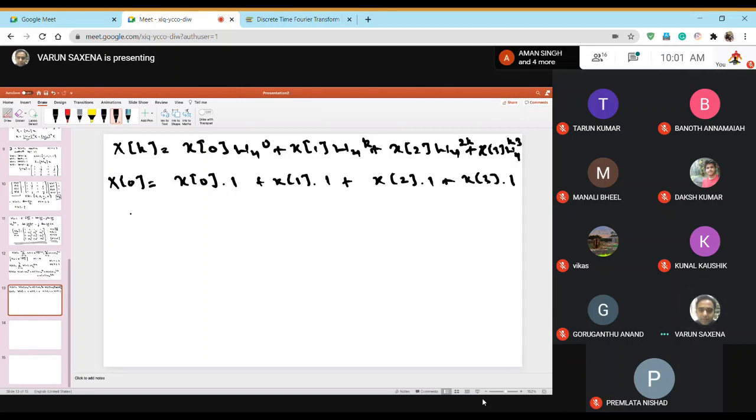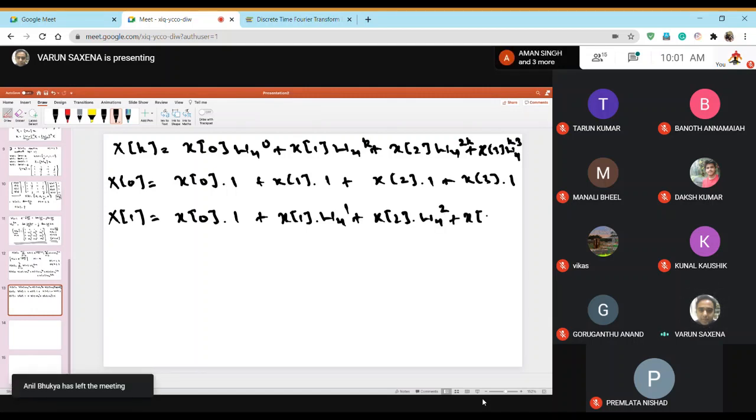Okay. Now let's evaluate capital X1. Here x0's power is always going to be 0, so this is 1. Then you have x1 W4^1, then x2 W4^2, then x3 W4^3, because k has been substituted as 1. Then you come to X2.